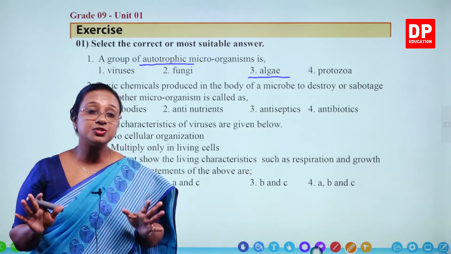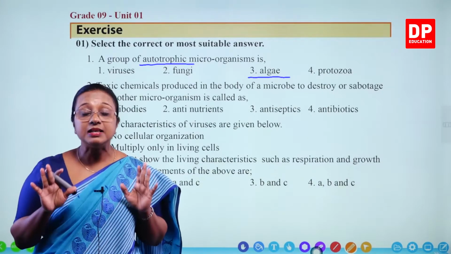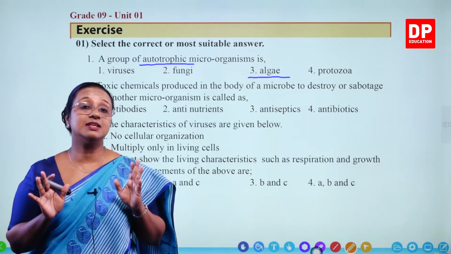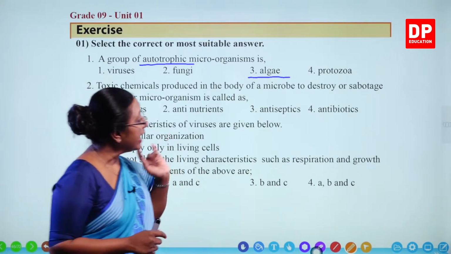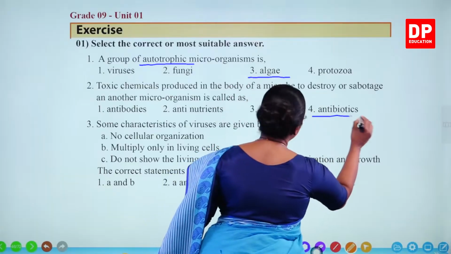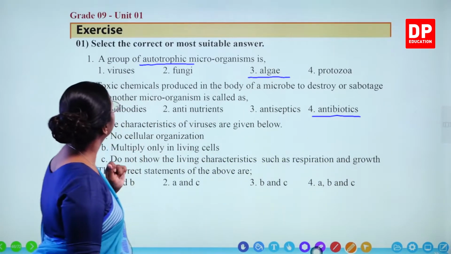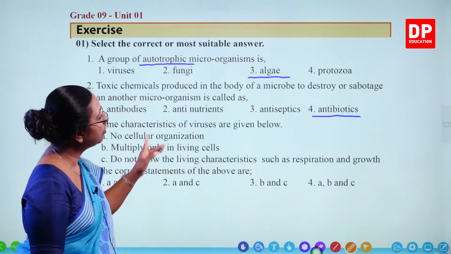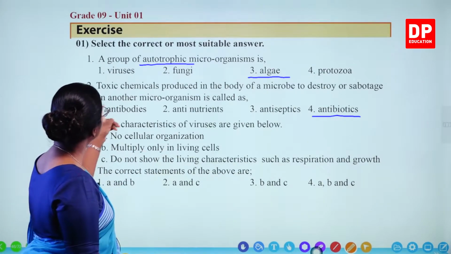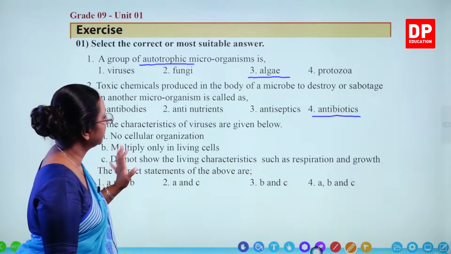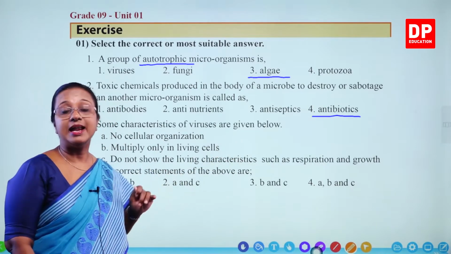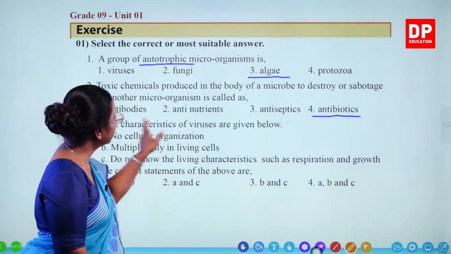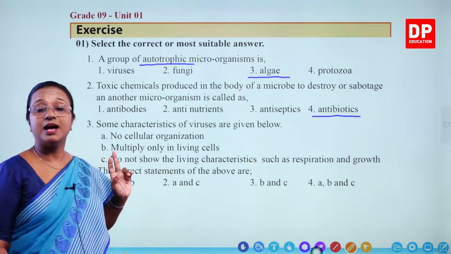That is used to destroy microorganisms, but it is used externally only. So, antibiotics are the substances that are toxic chemicals produced in the body of a microbe to destroy or sabotage another microorganism. So, you know the meanings of all these answers.